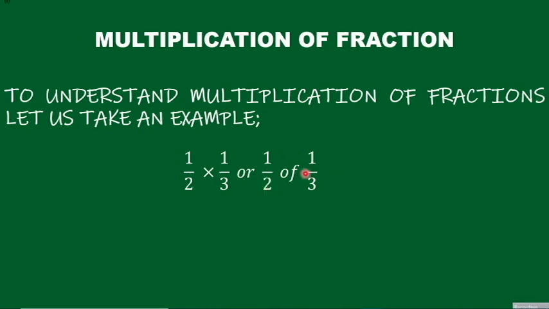If we go according to BODMAS, first brackets, then of, then divide, multiply. So in both conditions, whether you are given a multiplication sign or "of", we will do multiplication. Is that clear?